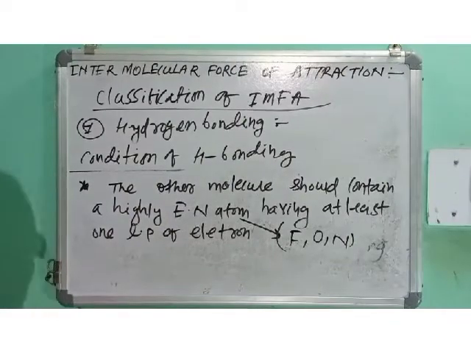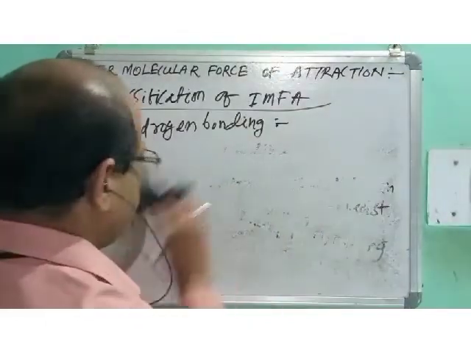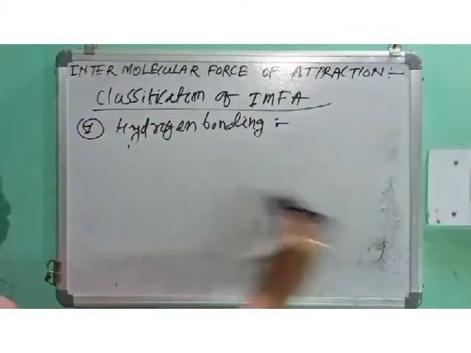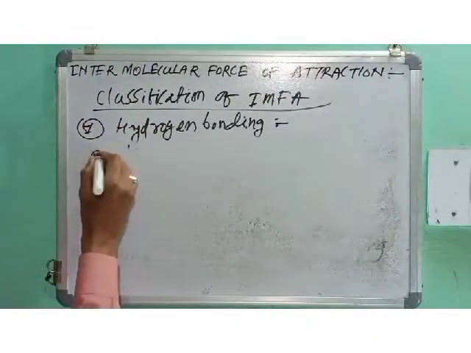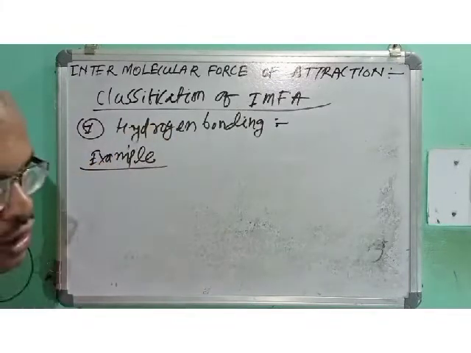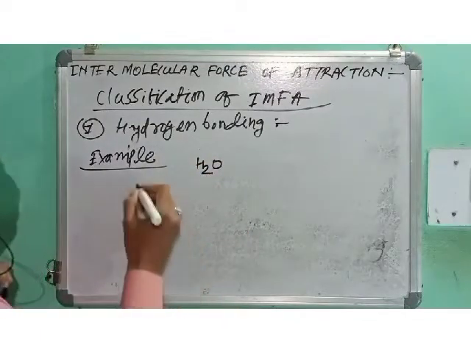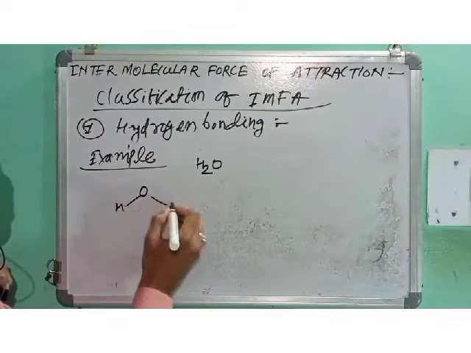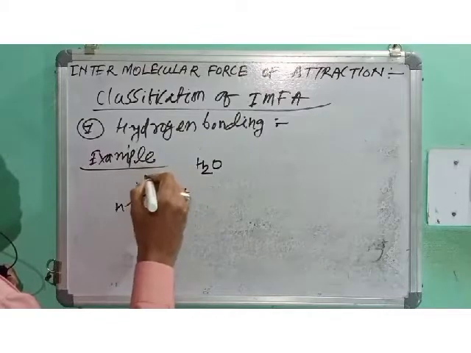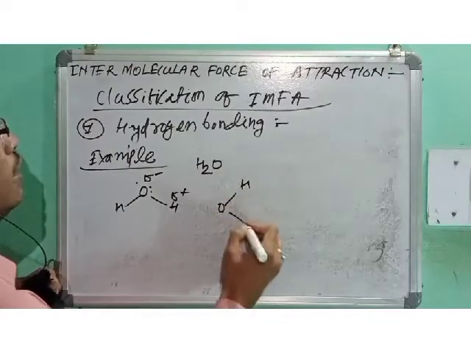Now I will give some examples of hydrogen bonding. Example of hydrogen bonding: let us take water molecules. So I have to write one water molecule containing lone pairs of electrons. This is delta plus, this is delta minus. And another water molecule I am writing here.